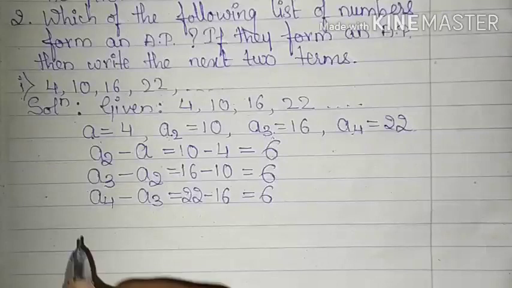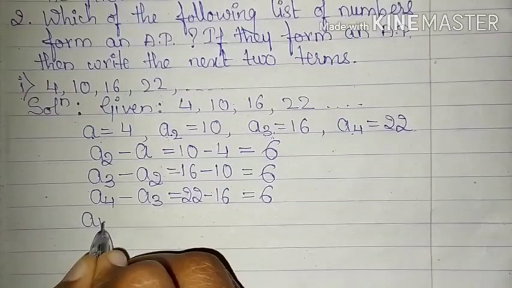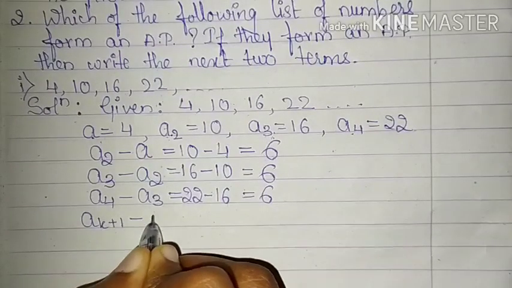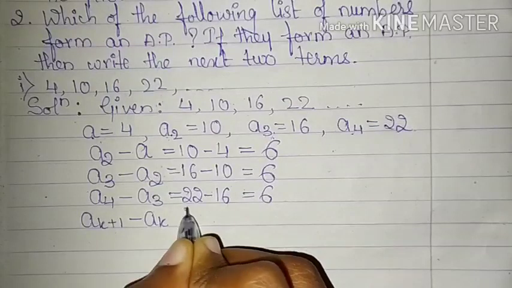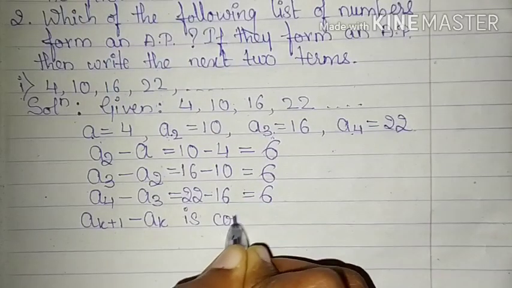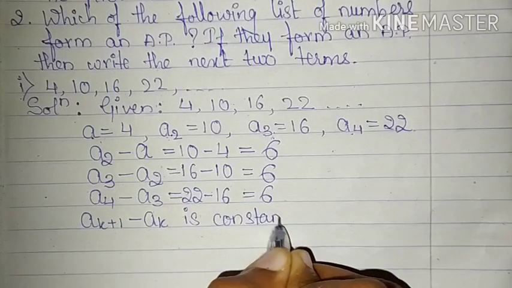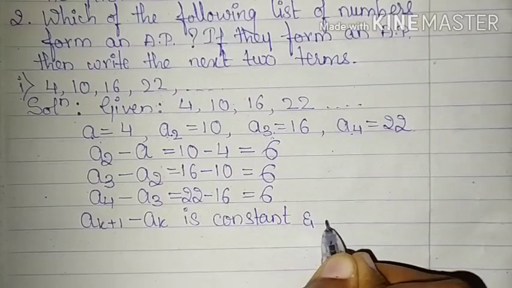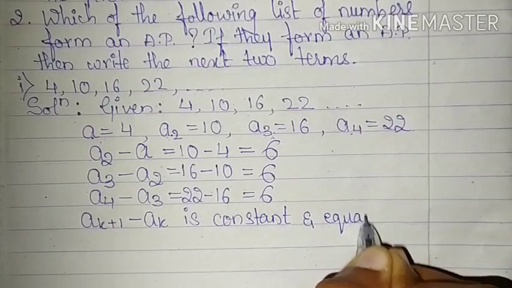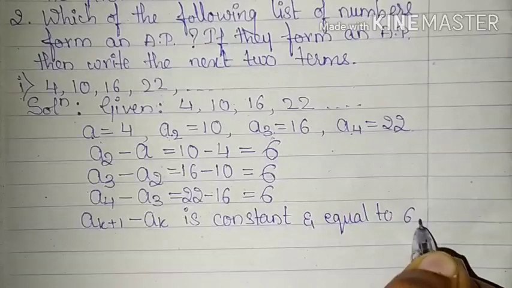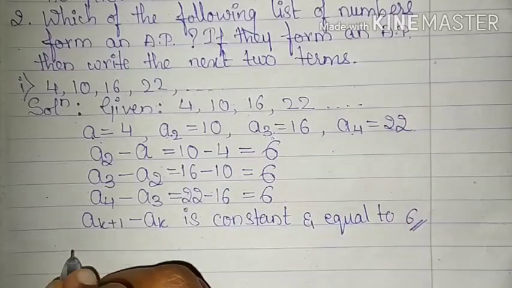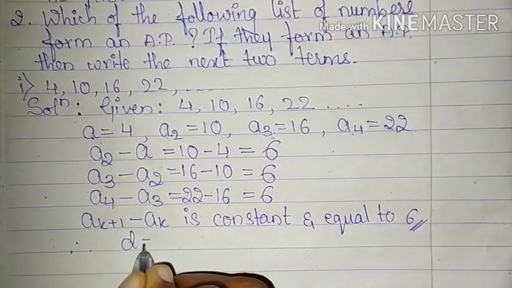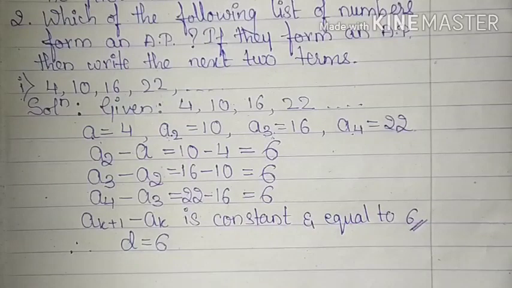So here we see that A(k+1) minus A(k) is constant and equal to 6. Right? So therefore D is equal to 6.